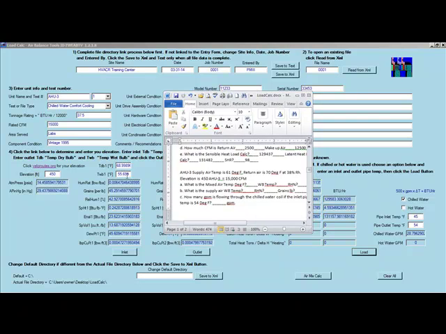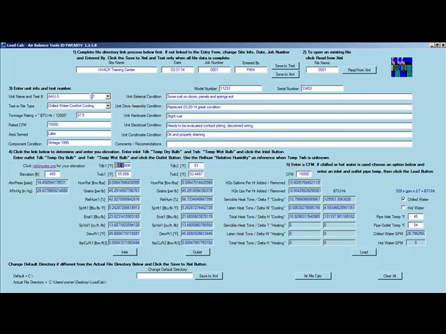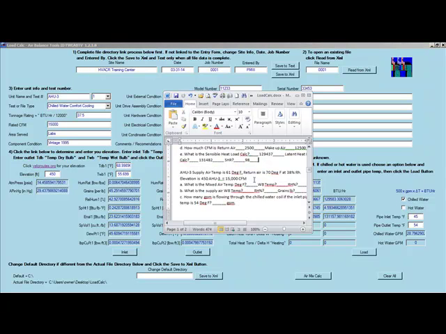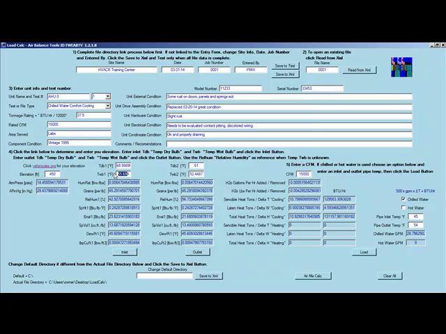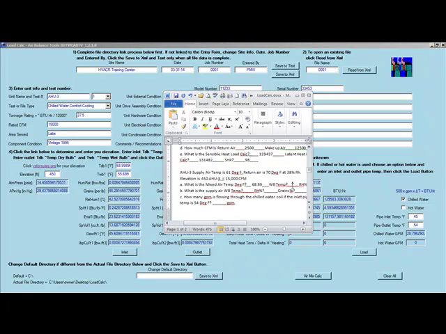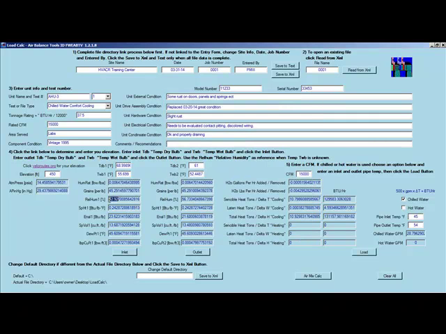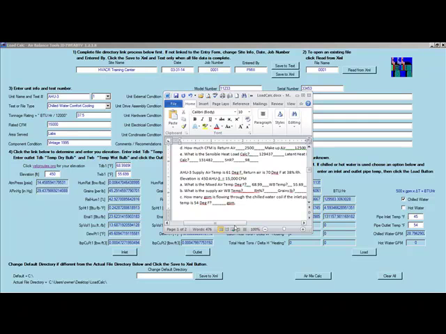What is our mixed air temperature? Our mixed air temperature is what's our wet bulb? And what's RH? What's our grains?